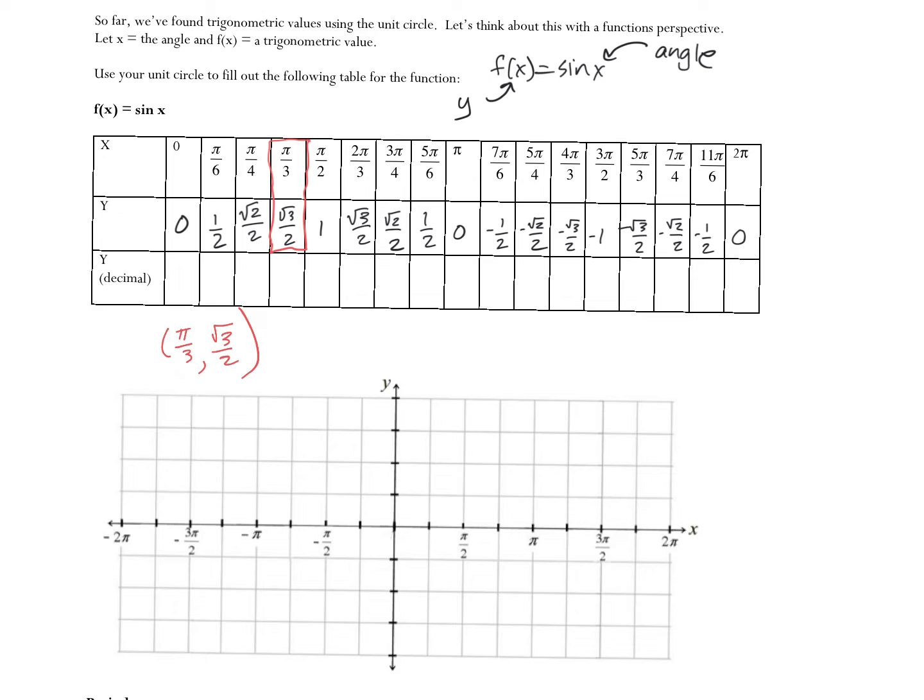Okay? So it's going to look a little bit different. Now, we are going to graph every single one of these coordinate pairs. It's going to involve decimals because the square root of 3/2 is not an easy point to graph.